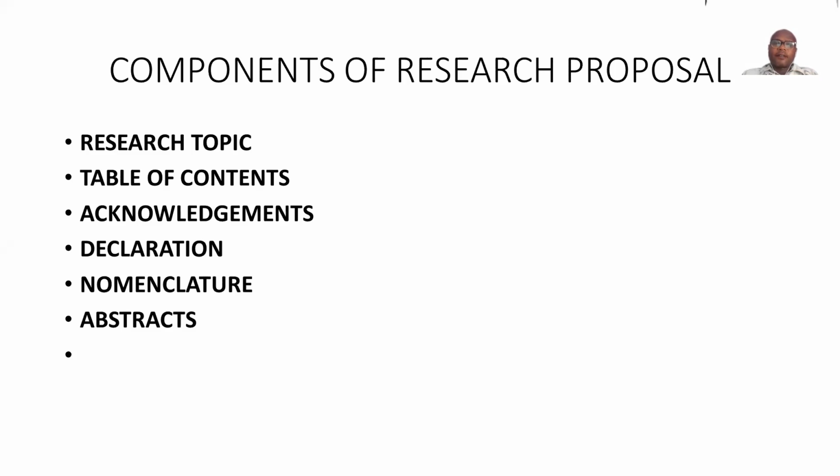There are various components, and today we are going to focus on the introductory part of the research proposal, which includes the research topic, table of contents, acknowledgement, declaration, nomenclature, and abstracts. This is the first part of the components. Our next lecture will have the other parts of the research proposal.